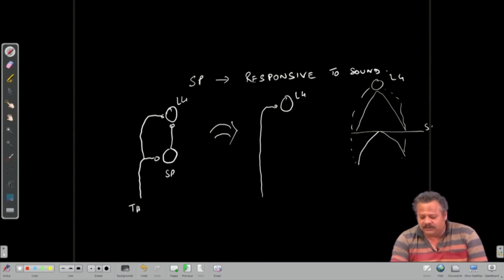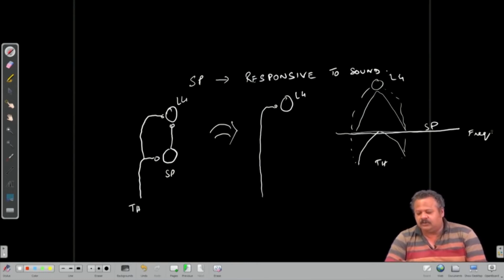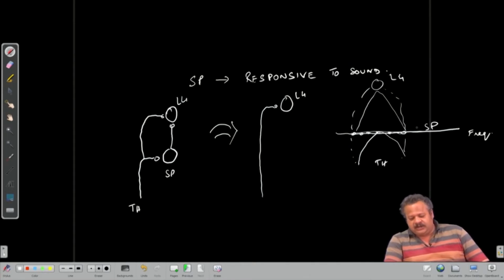So, this is layer 4, this is subplate, and this is thalamus, where this axis is the frequency axis or the tonotopic axis, and many subplate neurons along the frequency axis project onto layer 4, and many thalamic neurons along the frequency axis project onto subplate neurons as well as layer 4 neurons, and a similar kind of arrangement, plastic development of the thalamocortical circuitry can be seen.